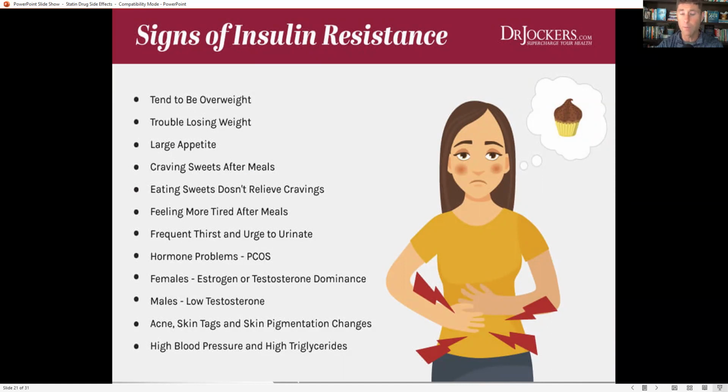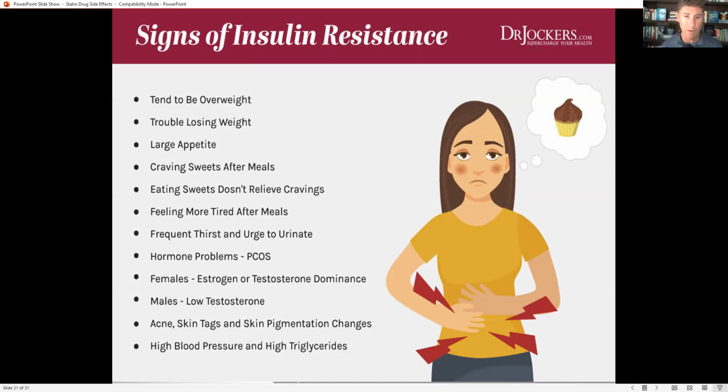Some hormonal problems, like for example, for women, polycystic ovarian syndrome or PCOS is associated with insulin resistance. Also, acne is another big one. It's associated with insulin resistance. For men, they end up typically with low testosterone. Females will end up with estrogen or testosterone dominance. So for females, high insulin can cause estrogen surges and or testosterone surges.